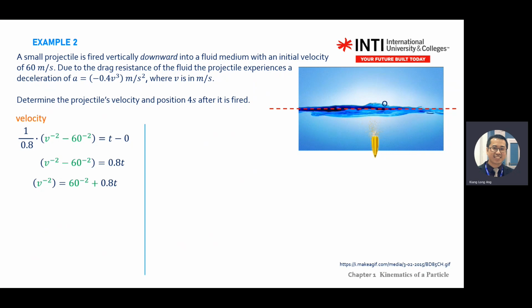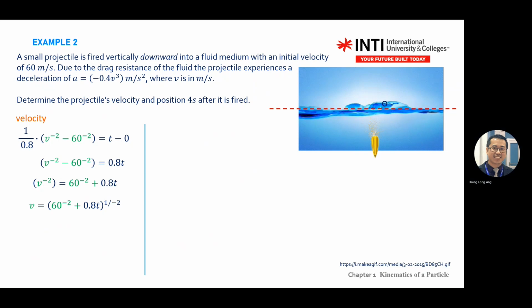Nico, make sense to you? Then your v equals to, you pull this one to the right, you get minus 1 over 2. So this is a square root question, but with a negative, which is 1 over something.